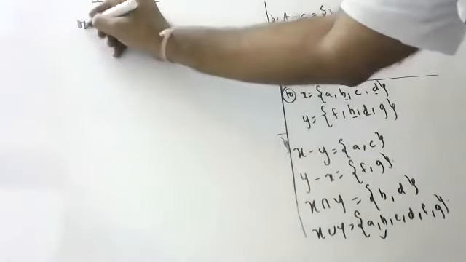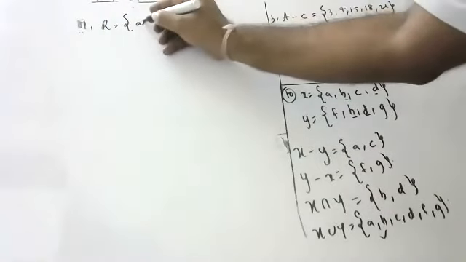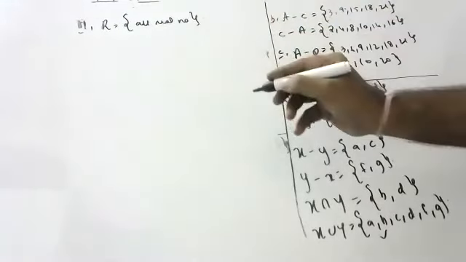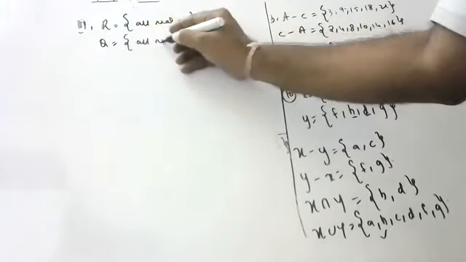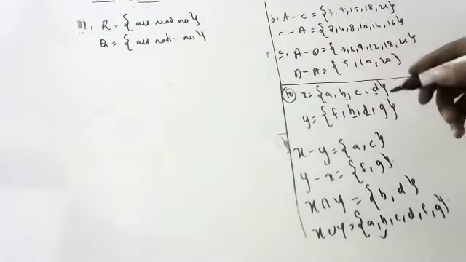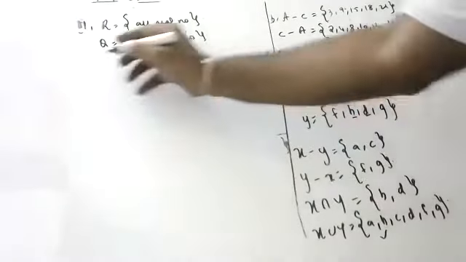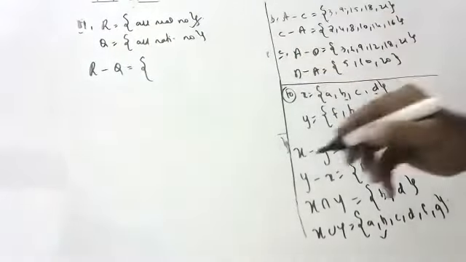The 11th question is a very small question. R is the set of all real numbers, and Q is the set of all rational numbers. He is asking, what is R minus Q?